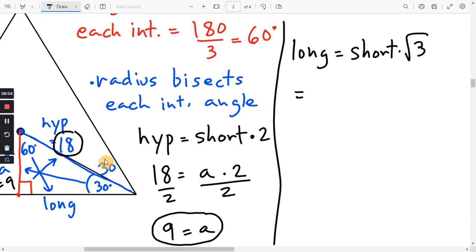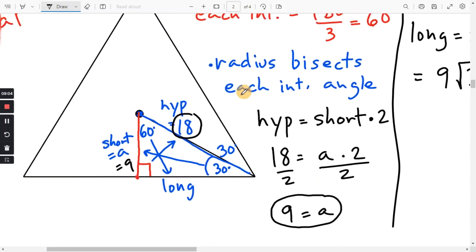That was 9, and that's times radical 3. So the long side is 9 radical 3. Okay, so that is just, I'll highlight it in yellow, this side right here.